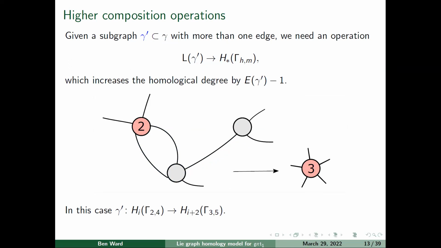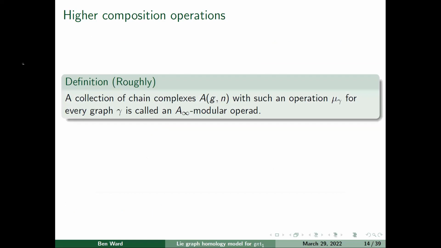So what would these operations be? Well, let me make a definition. Let's say that a collection of chain complexes, some AGN, that has an operation like the one I just described with that degree for every such graph gamma, let me call that an A infinity modular operad.